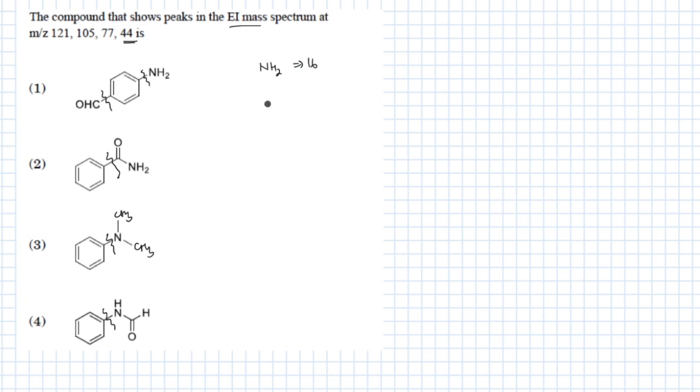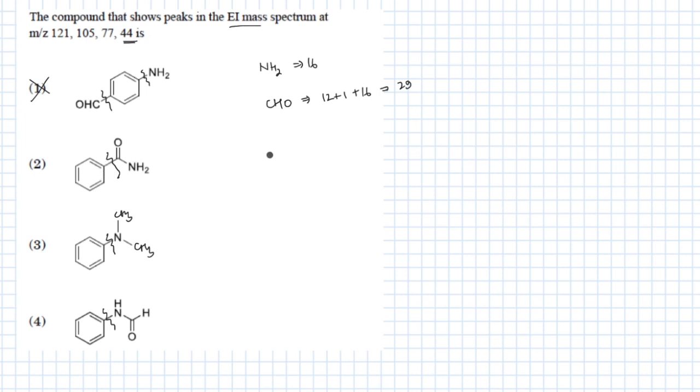For CHO, carbon is 12, hydrogen 1 and oxygen 16, so if you add all of them you get 29. So you are not getting any peak at 16 or 29, and the first option you can just cancel out. That is not going to be the correct option.